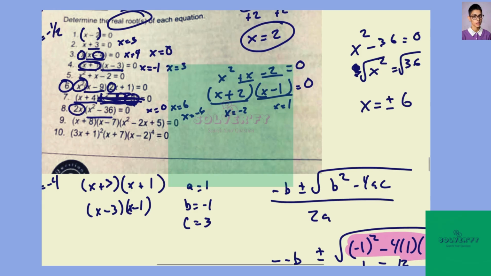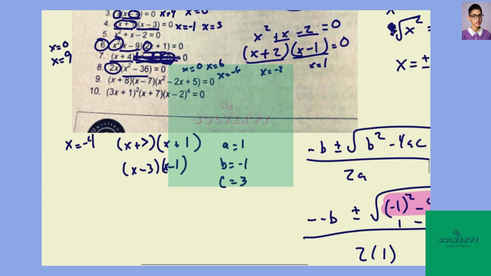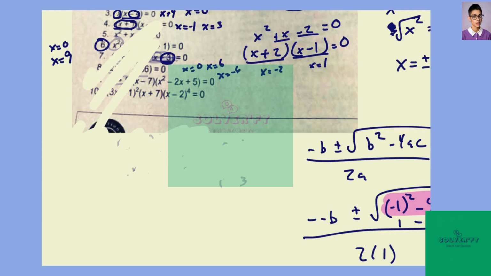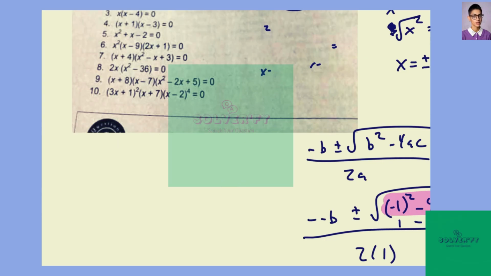Okay? On number 9, we're going to get x equals -8 from this one. x equals +7 from this one. Same idea here where we're trying to factor that.